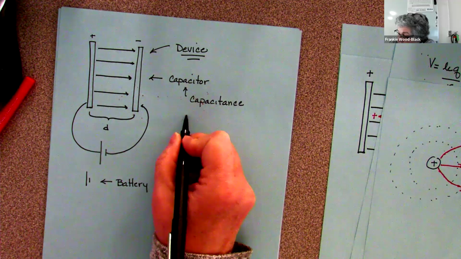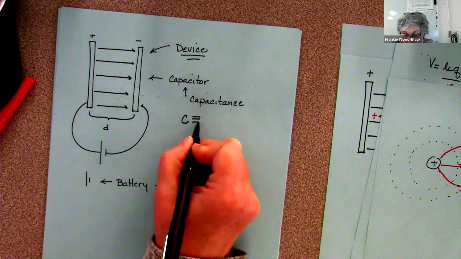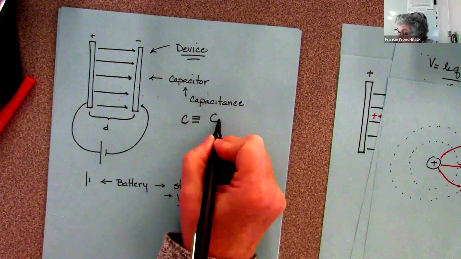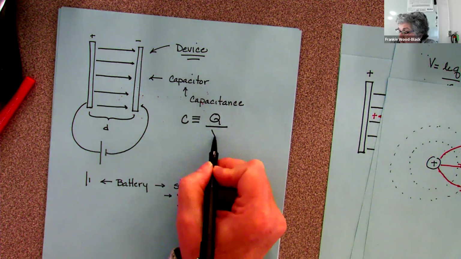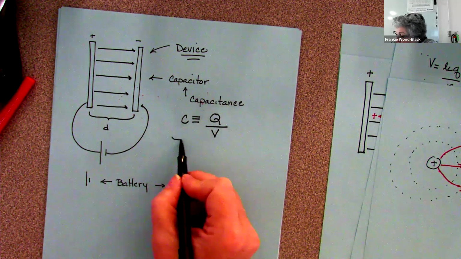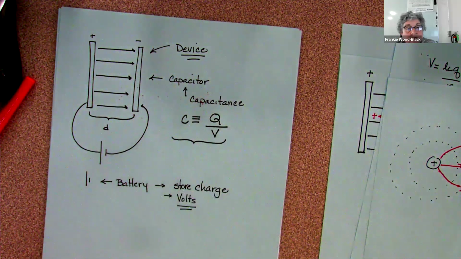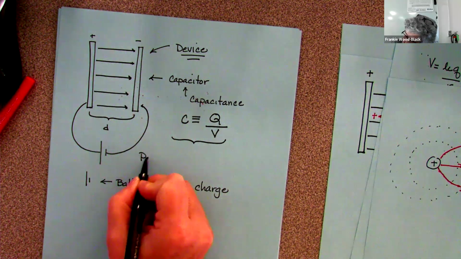And we're going to define this capacitance using a letter C. And that is going to be equal to the charge that's on the device divided by the voltage across it. So this is by definition what capacitance is. And this is called a parallel plate capacitor.